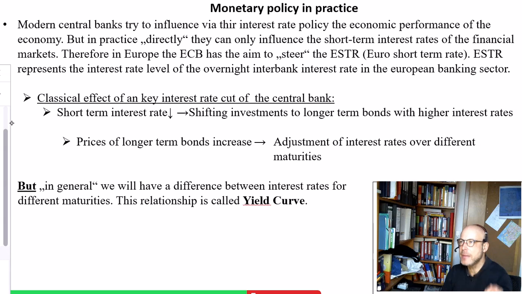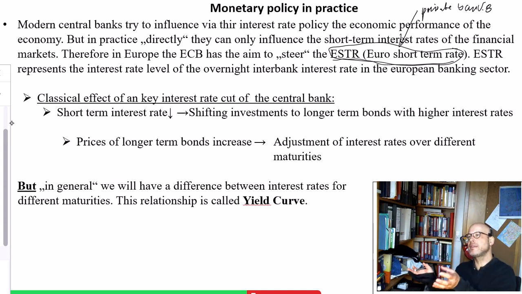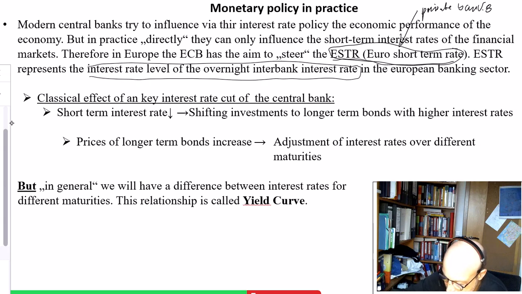And so to speak, the aim of the central bank is to steer a specific short-term interest rate of the financial system, and this is called the Euro short-term rate. This is the short-term rate of the private banks. With this interest rate, the private banks are interchanging money to each other. So this interest rate represents the overnight interbank interest rate.